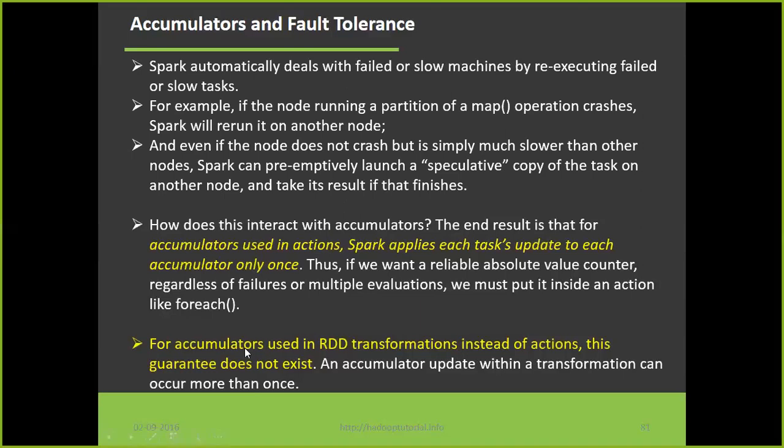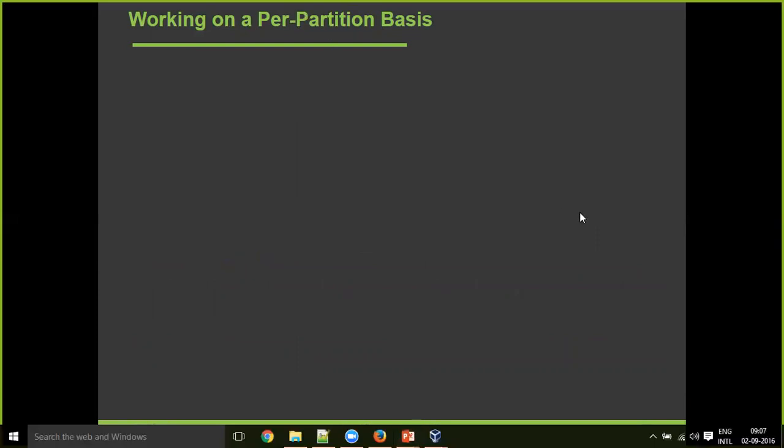For accumulators used in RDD transformations instead of actions, this guarantee does not exist. An accumulator update within a transformation can occur more than once in speculative scenarios. Then here also my result will be wrong, right?